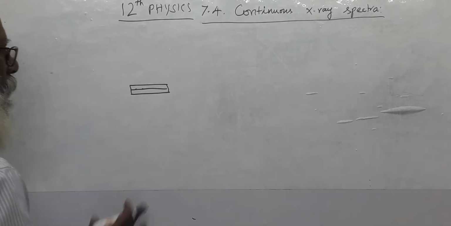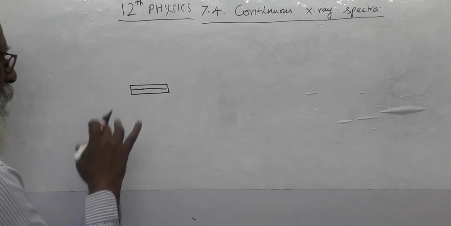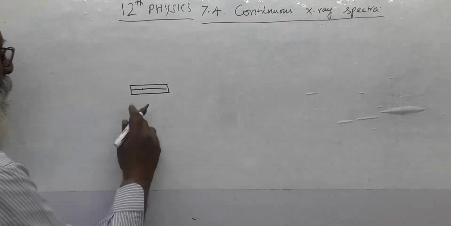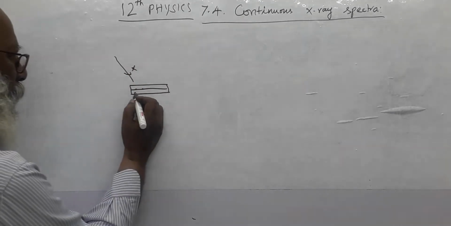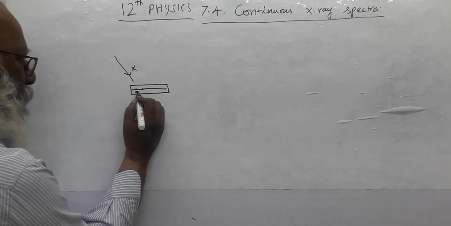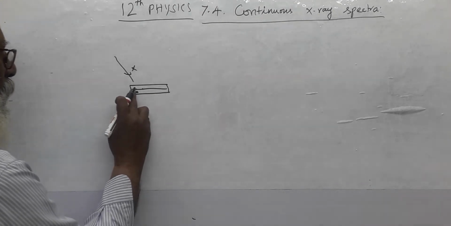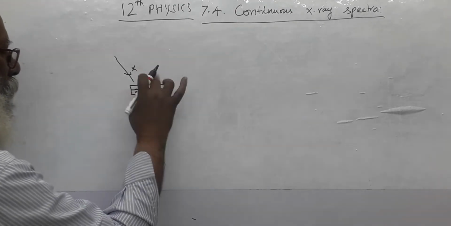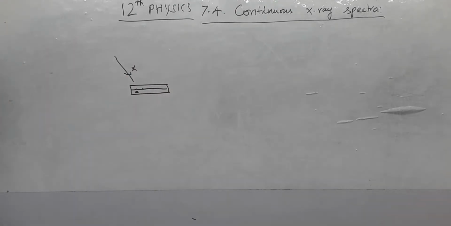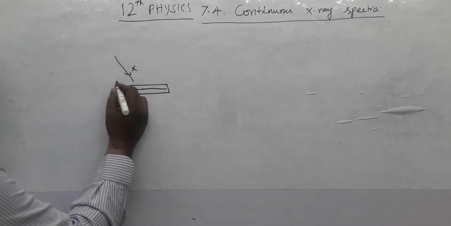If you want to identify the arrangement, then with the help of X-ray you can identify the order of atoms or molecules inside the metals. That's very, very important. This is the first point.